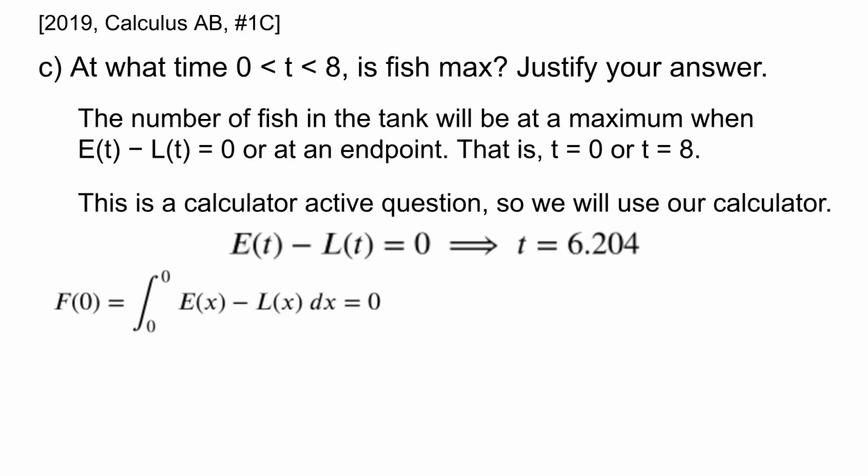So the number of fish at time t equals 0 is the integral from 0 to 0 of E of x minus L of x dx, which is just going to be 0. F of 6.204 is going to be the integral from 0 to 6.204 of E of x minus L of x dx, which turns out to be 135 fish.